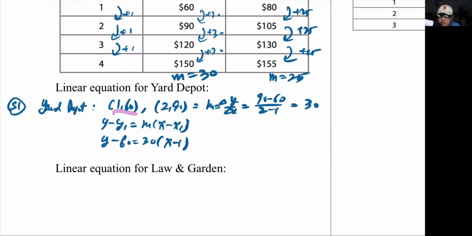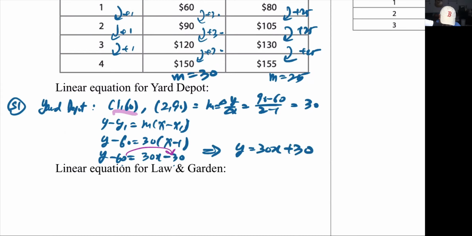And I like to have it in slope-intercept form. So that would be 30x minus 30. On the left-hand side it is 60, so we move this to the other side, and that yields y is equal to 30x. You add 60 to both sides, that'll give me plus 30. Okay, we good? All right, guys.